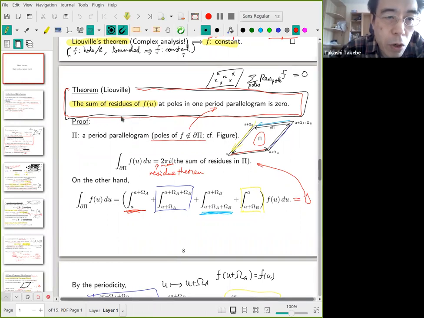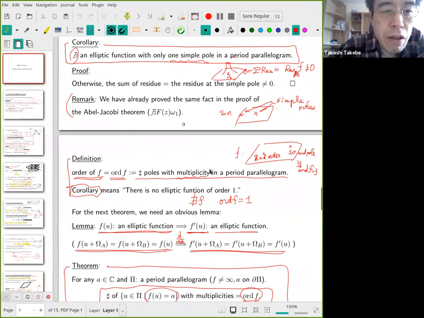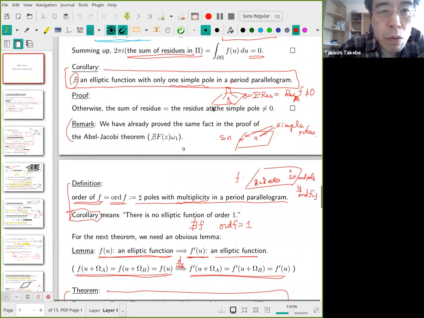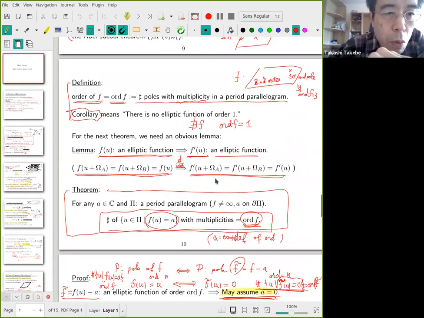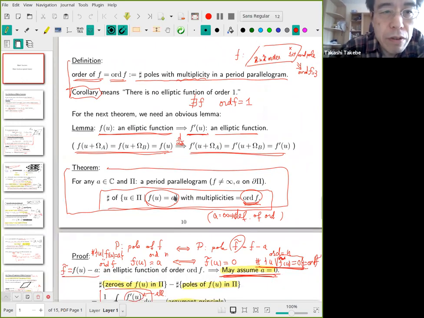The second theorem was that the sum of residues in one periodic parallelogram is zero. And as a corollary, there is no elliptic function with only one simple pole. And we named the number of poles in a periodic parallelogram the order of this elliptic function.